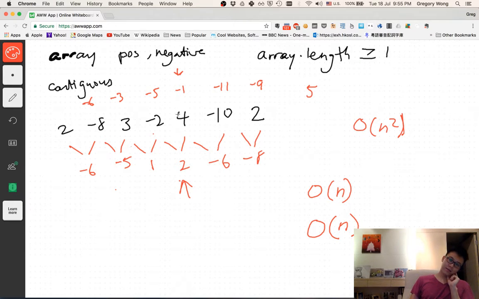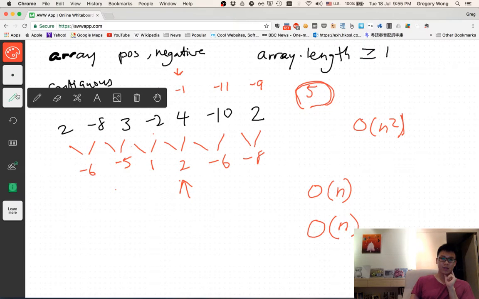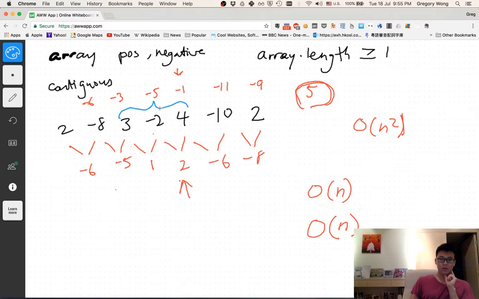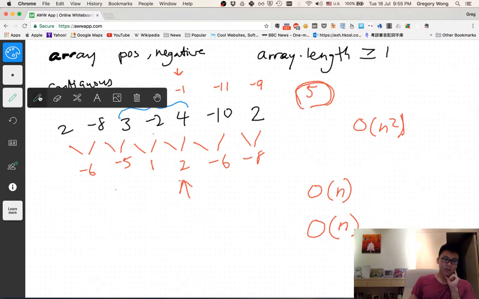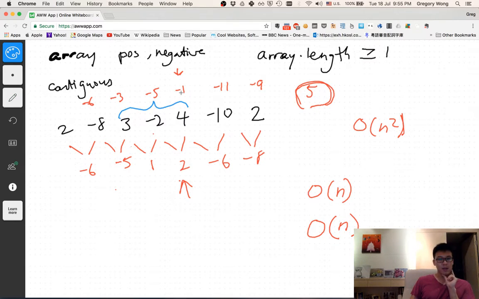I noticed that the largest contiguous sum was 5, and that's actually these numbers. And I noticed that I seem to be ending at here both times.